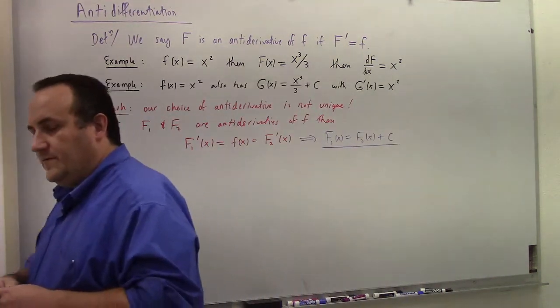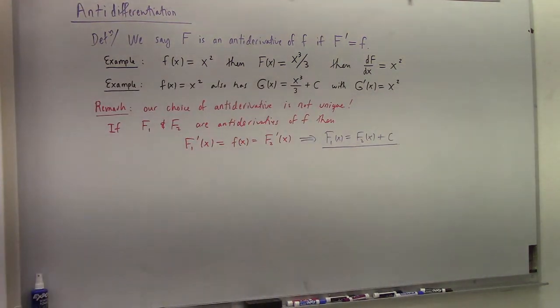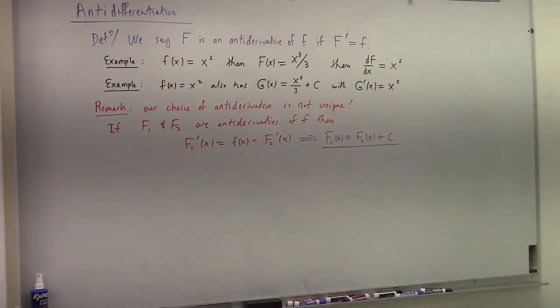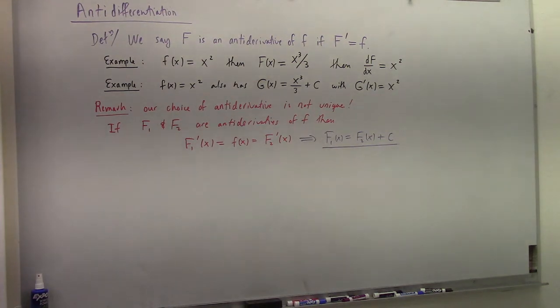So for a given connected interval, there is an ambiguity in the antiderivative, but it's just the one I've already shown you in our examples. You can add any constant you like, and you still get an antiderivative.